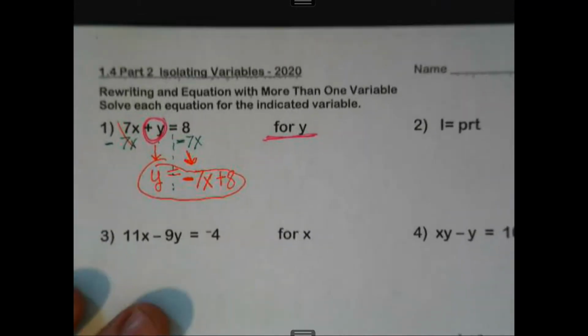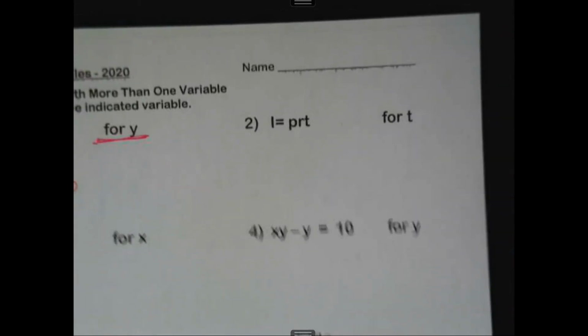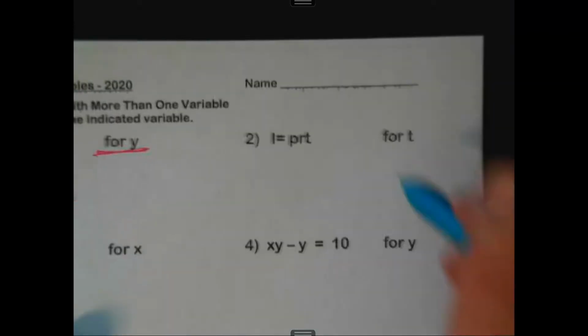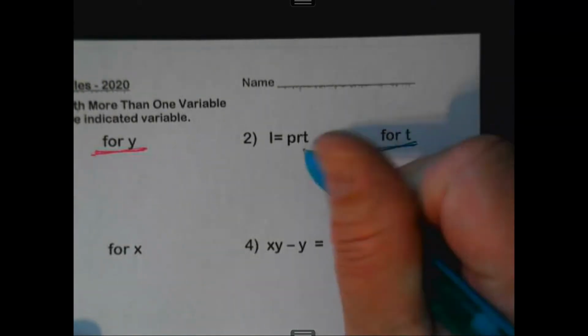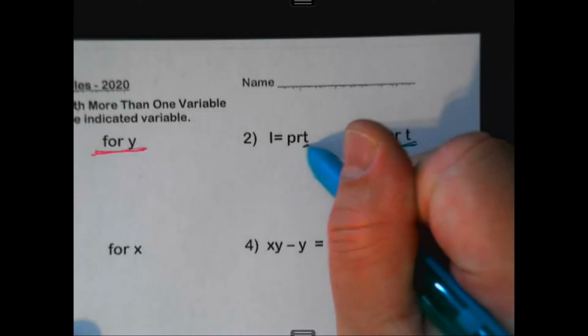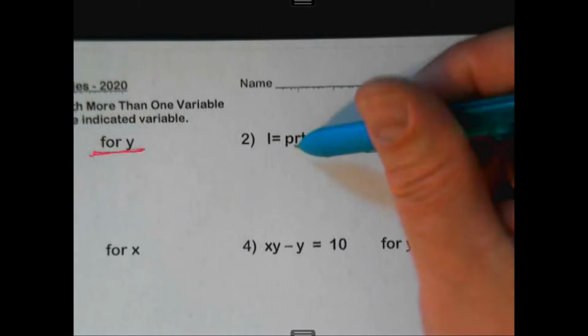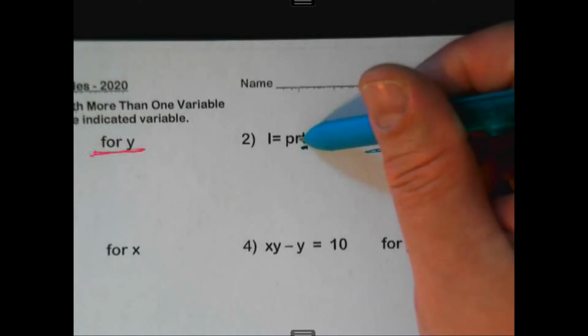All right, problem number 2. This time, we're supposed to solve for t. So t is part of this term. When I say this term, it's one term because this is multiplication between all the variables.